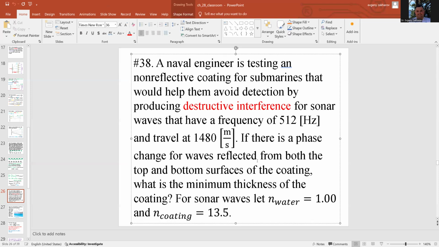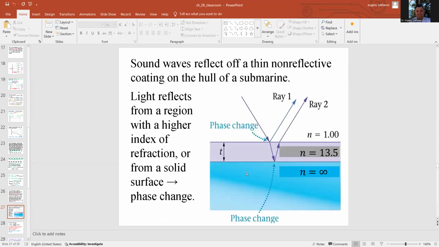Well, this time it's reflection, and the phase change is because we have this reflection. The first phase change is when you get from matter with lower index of refraction to higher index of refraction. Sorry, the headset turned off again, as usual. So we have the phase change between the two matters.